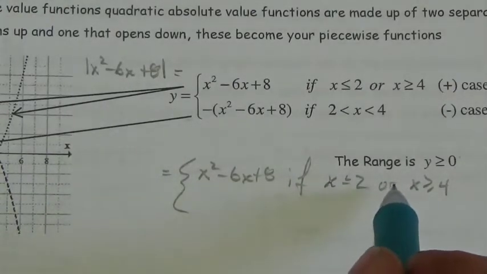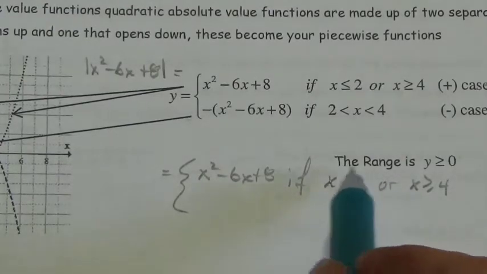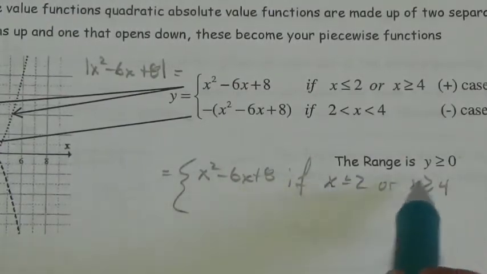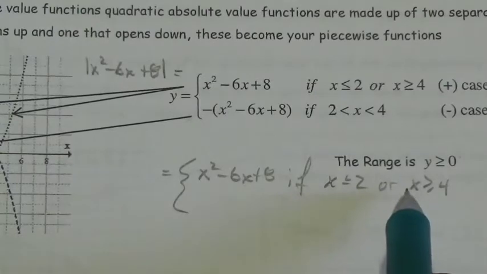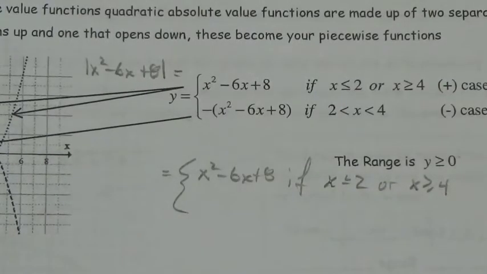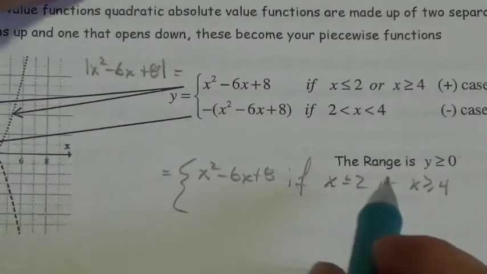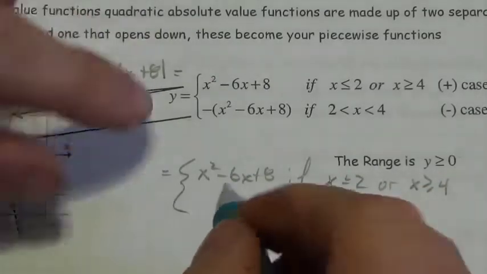In this case, we use the word or because you could have points that are either on this side of 2 or this side of 4, but they can't both happen simultaneously. The word and typically means I can find a number that satisfies both of these together, and that's just not true. So always use the word or there.